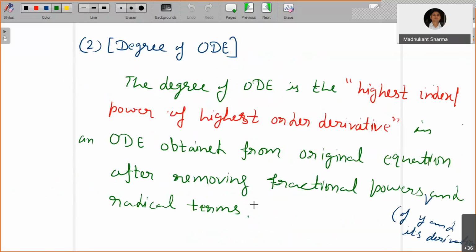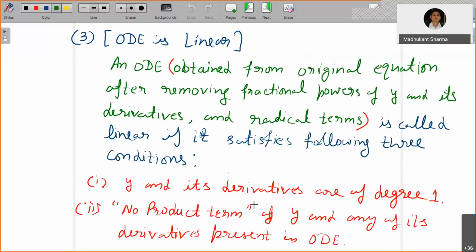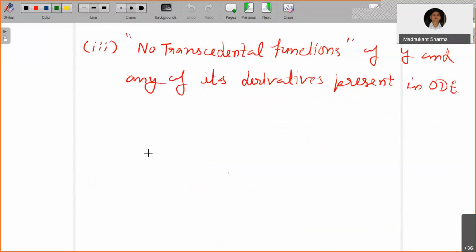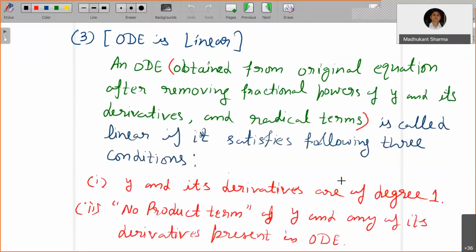Now, if any of the conditions is not satisfied, I can just mention and then complete it. I think I should write here "or" so it will be very clear: y or any of its derivatives.